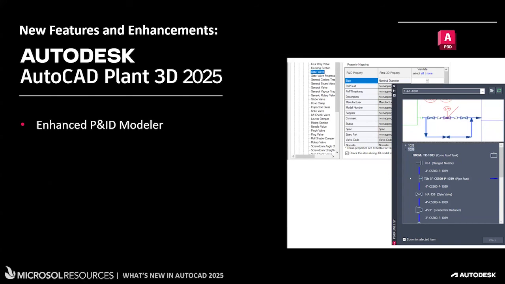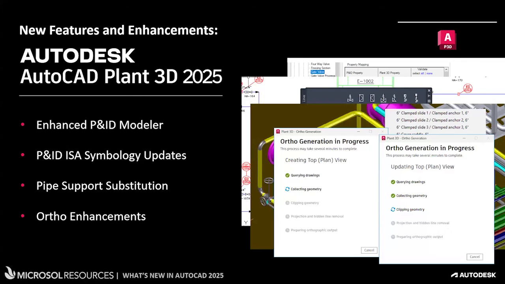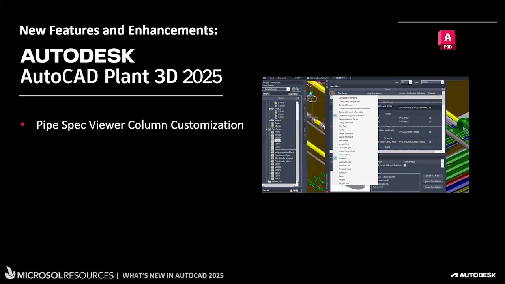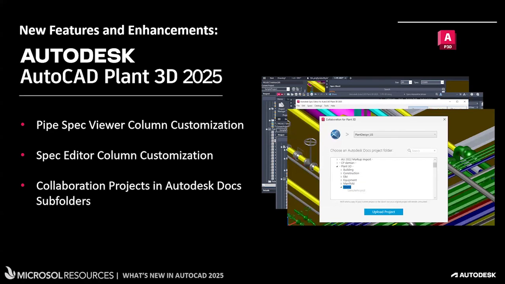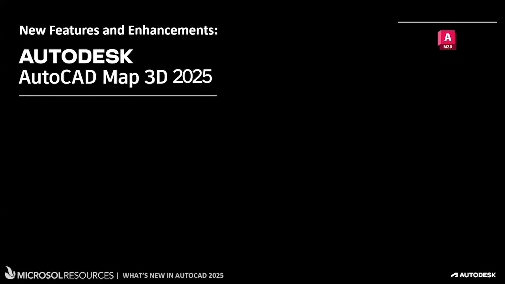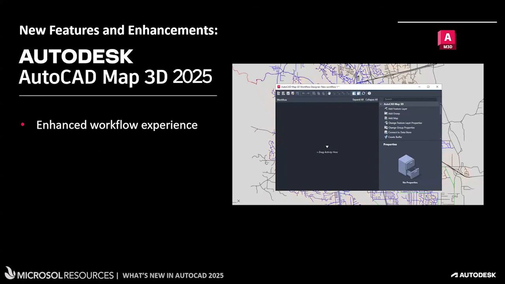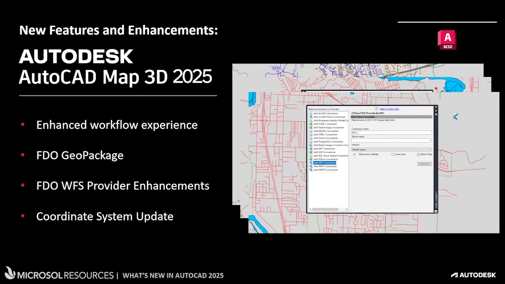These are an enhanced P&ID modeler, P&ID ISA symbology updates, pipe support substitution, ortho enhancements, pipe spec viewer column customization, spec editor column customization, collaboration projects in Autodesk Docs subfolders, report creator configuration files format. An overall enhanced workflow experience, FDO GeoPackage, FDO WFS provider enhancements, and a coordinate system update.